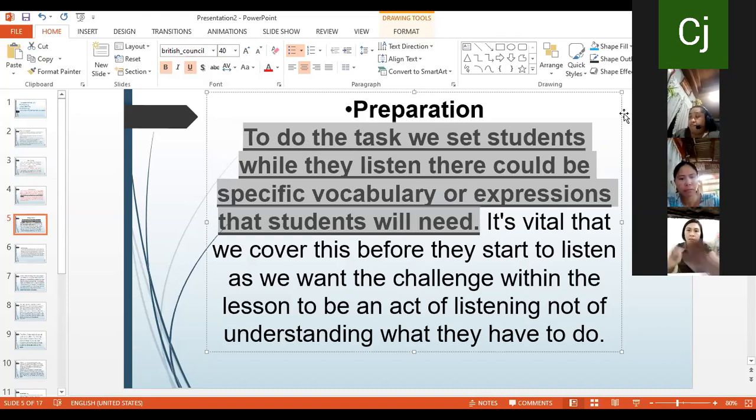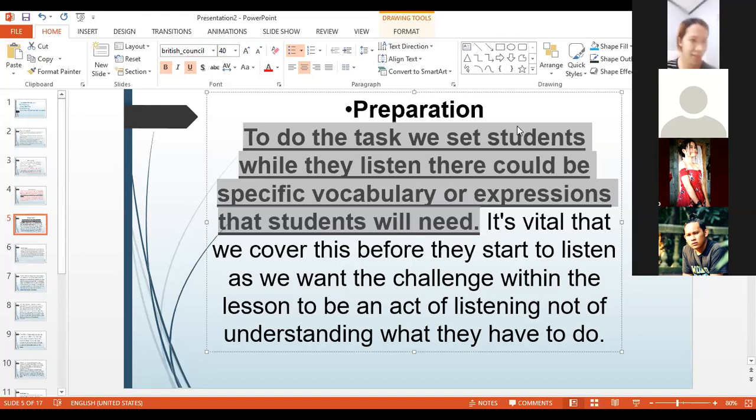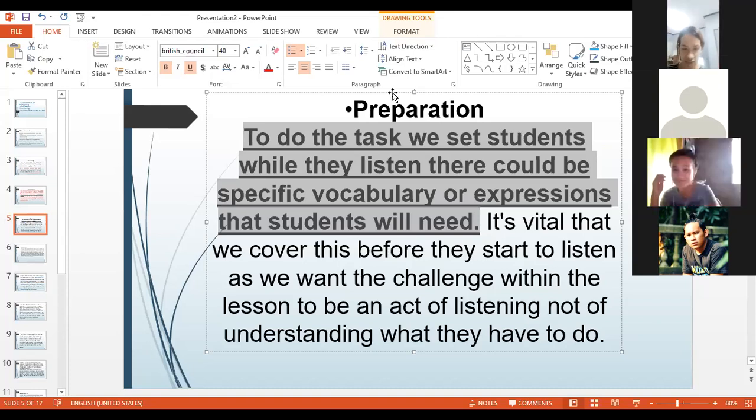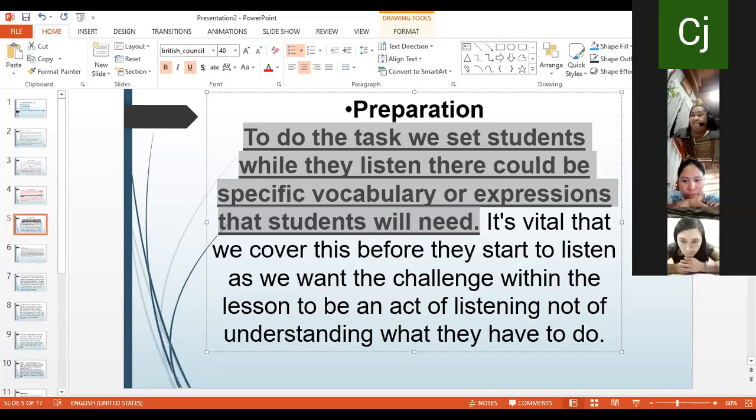Kasi baka may mga estudyante na although nakikinig sila ng speech or there would be a listening activity, hindi nila maiintindihan ang sinasabi because there are some words that are what? New to you. May mga words talaga na hindi mo talaga maiintindihan.